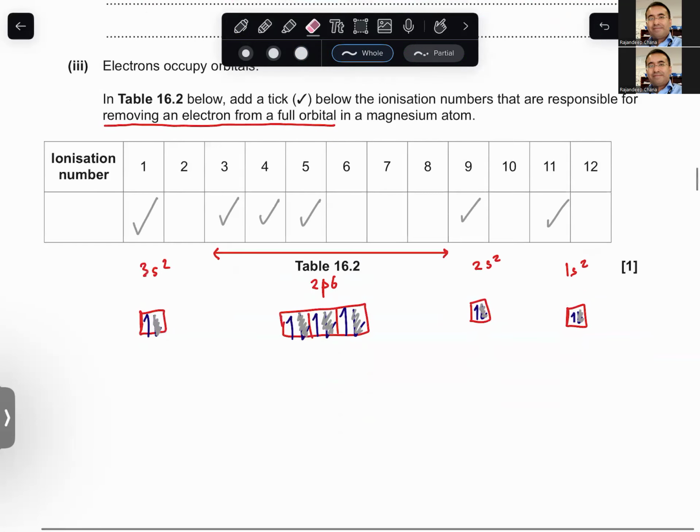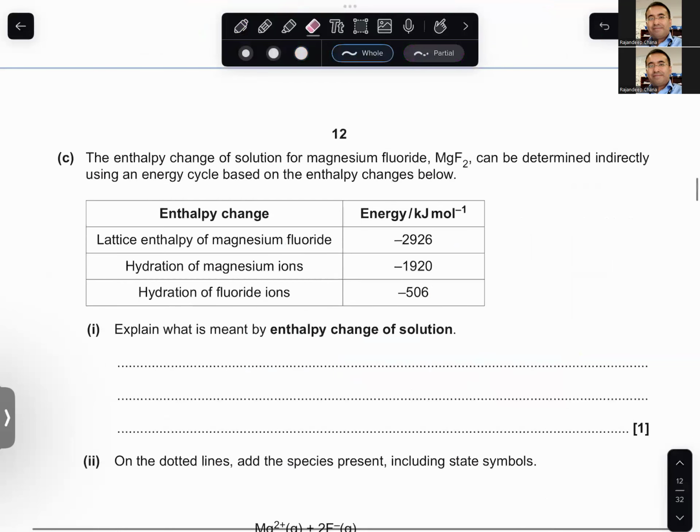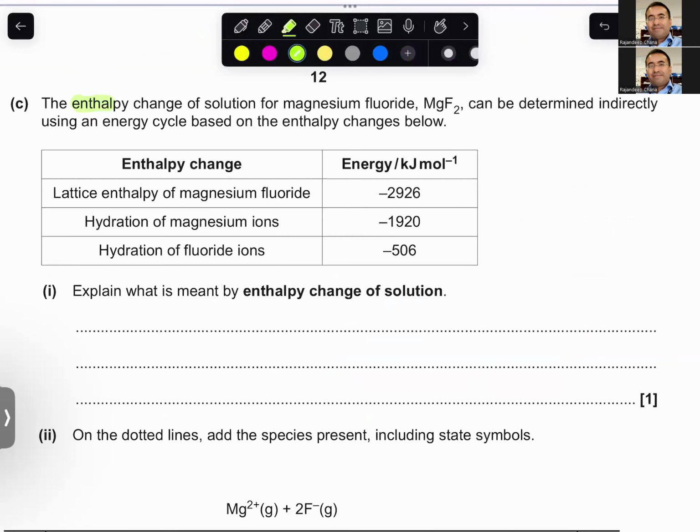This question is about the enthalpy change of solution for magnesium fluoride. Can be determined indirectly using an energy cycle based on the enthalpies below. What enthalpies do we have? We've got lattice enthalpy. We've got hydration enthalpy of both the ions. What is meant by the term enthalpy change of solution? Enthalpy change of solution, these definitions always refer to 1 mole.